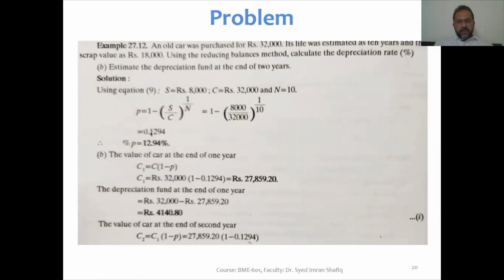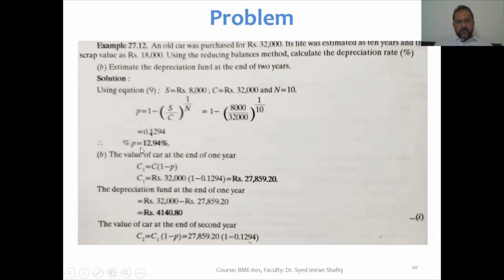So the percentage of depreciation can be calculated as 1 minus (8,000 divided by 32,000) to the power 1 upon 10. It comes out to be 12.94%. This percentage will be applied on the book value of the car every year. So the value of the car at the end of 1 year will be C1 is equal to C into (1 minus P), that is 32,000 into (1 minus 0.1294).